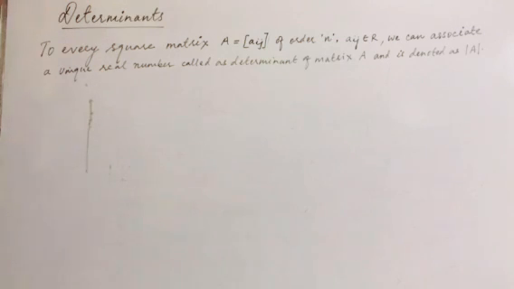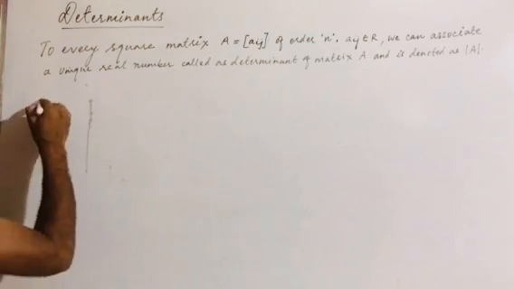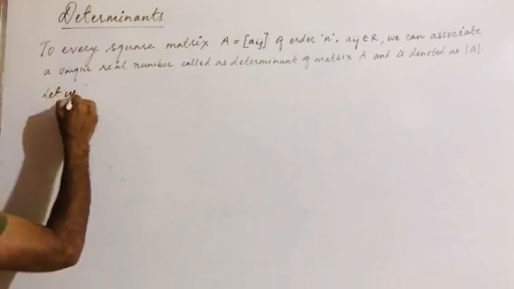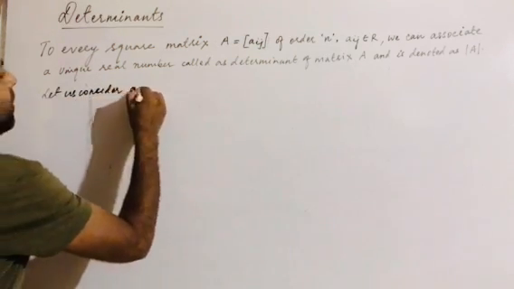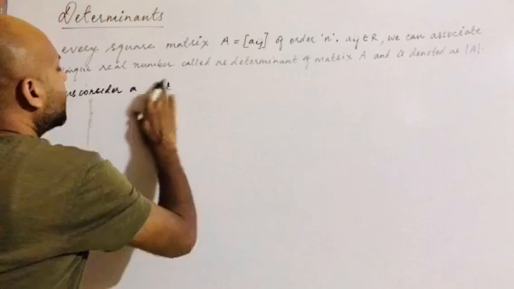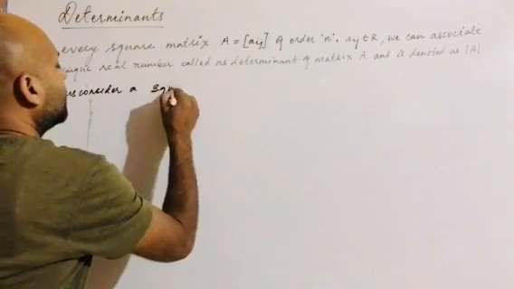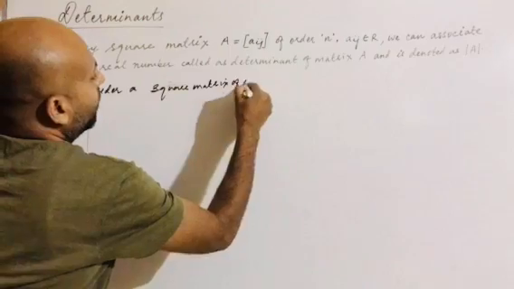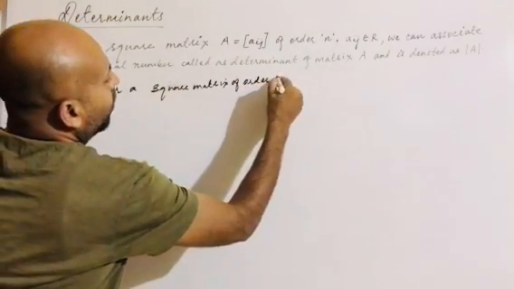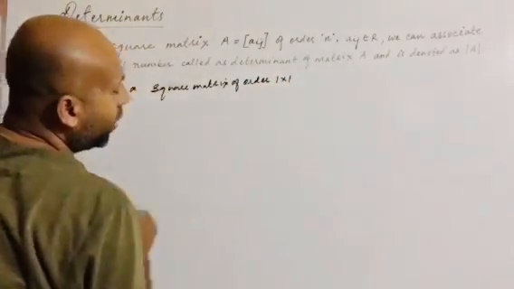Now here I'll give you one example. Let us consider a square matrix of order 1 by 1, that means one row and one column.